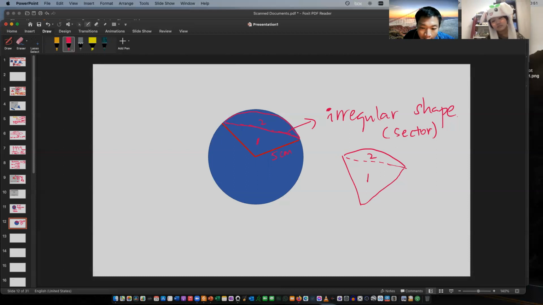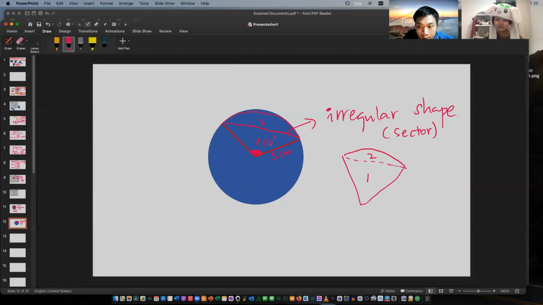So how do we find the area or perimeter of this sector or pizza slice? In order to find out, you need to know the angle first. That means you have to be given the angle here. Let's assume this angle is 110 degrees.